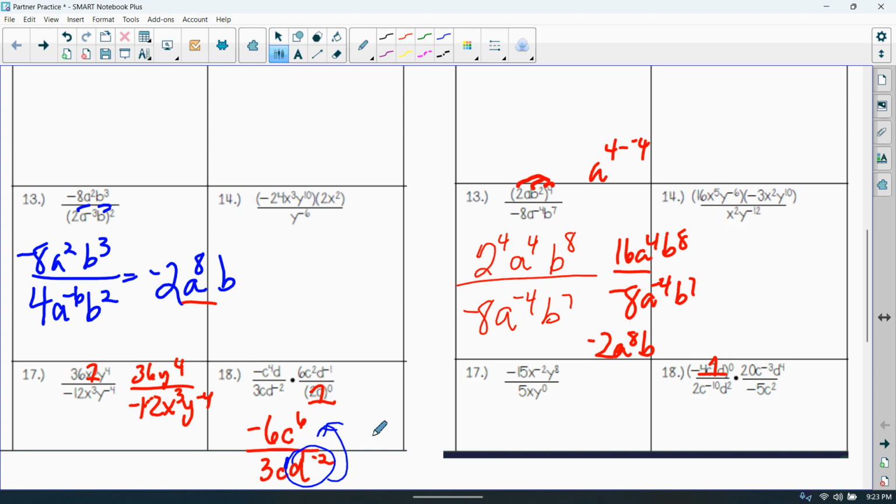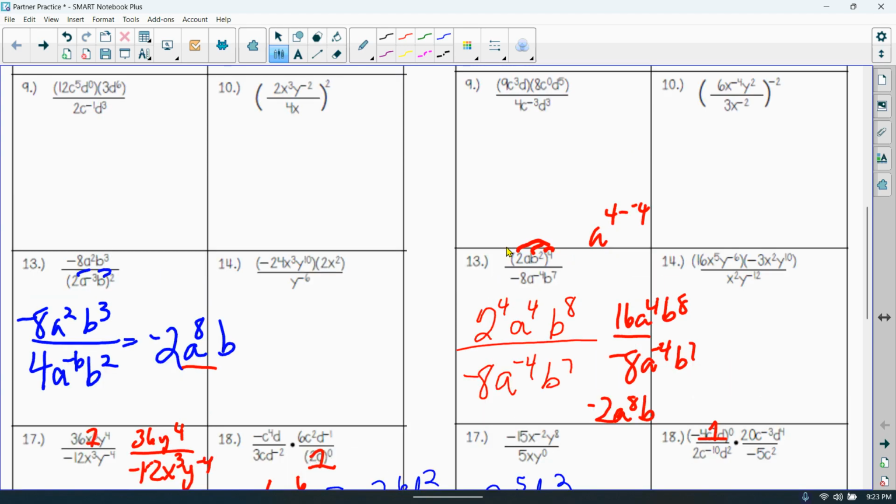So this becomes negative 2 c to the 6 d squared, now positive 2, over c. And then we can simplify the c, so just subtracting. So negative 2c to the 5th d to the 2nd. I'm running out of room, sorry. And we should get the same answer.